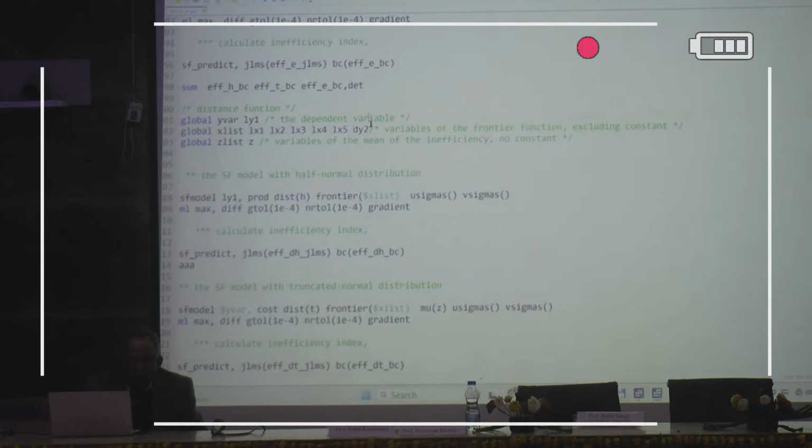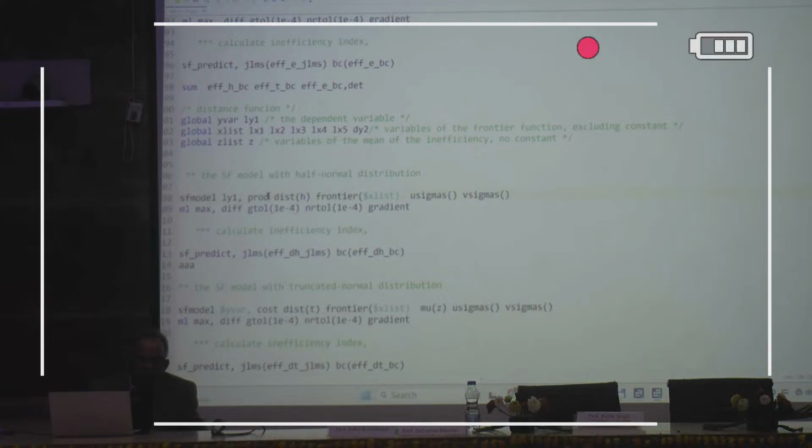So if you do an input distance function, then this is going to be dx1, dx1 is basically here. So dx2, dx3, dx4, dx5, and then again instead of dy2, you will have y1 and y2, two different outputs. Right? And then the rest of it is exactly that. The only difference is that you have to change this production to cost.